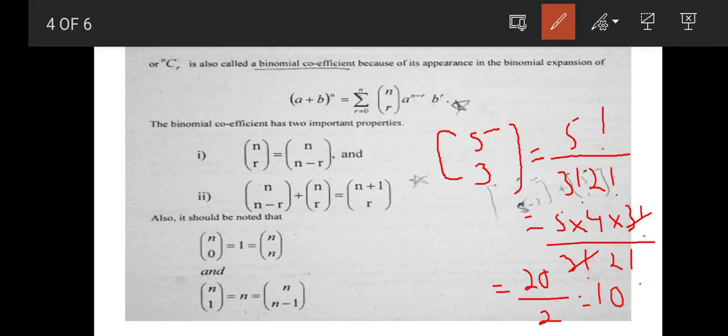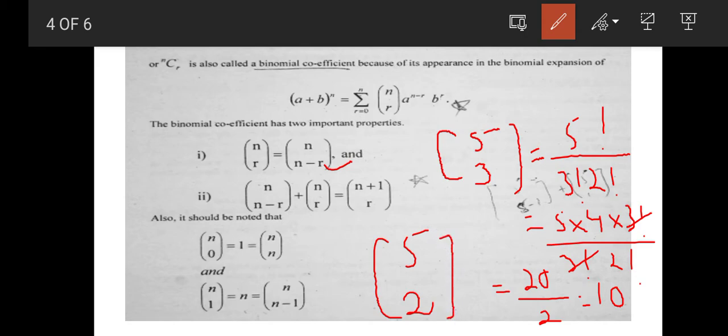This is 5C3, and if we calculate 5C, instead of n minus r, we can write 5 minus 3. And what is 5 minus 3? 5 minus 3 is 2.